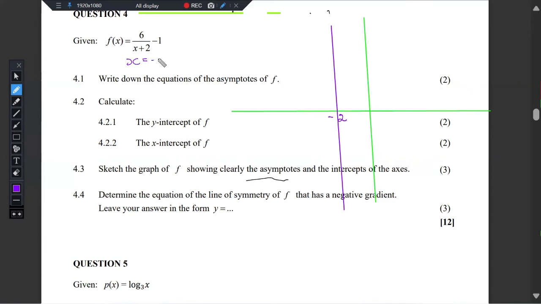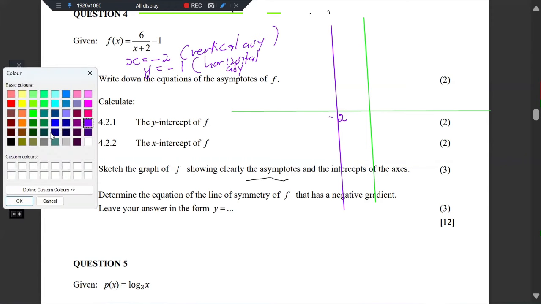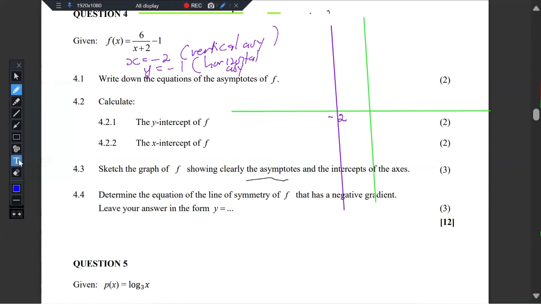This one that goes x is equal to -2 is the vertical asymptote. Then y is equal to -1 is the horizontal asymptote. Right, so to indicate that other one, let me change color.